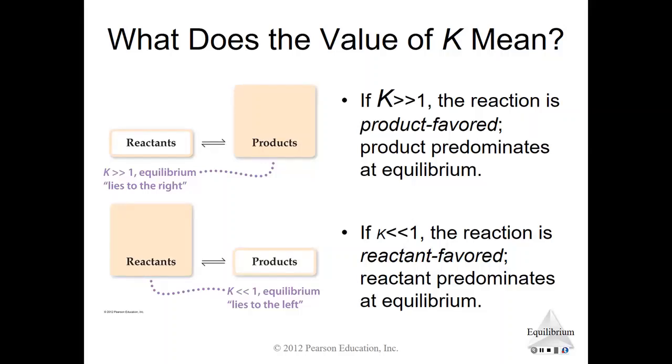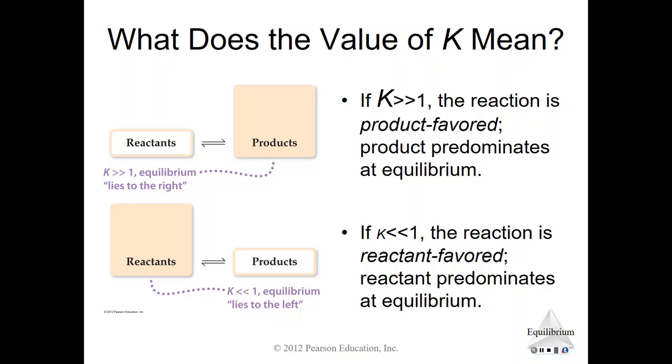So when we talk about K, we talk about it in terms of its numerical value and being able to discuss it in a way that makes sense. What does it mean for the purpose of the reactions? There are a lot of little things you can memorize. If it's a really large K, and by large we mean greater than 1, then it's going to favor the forward reaction.